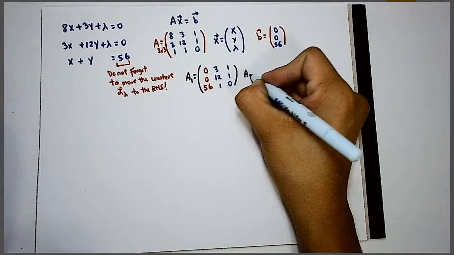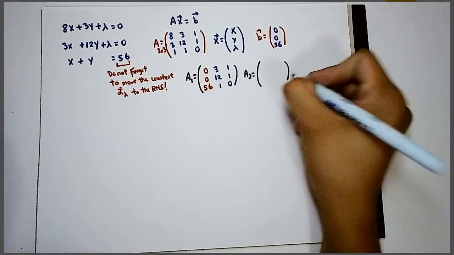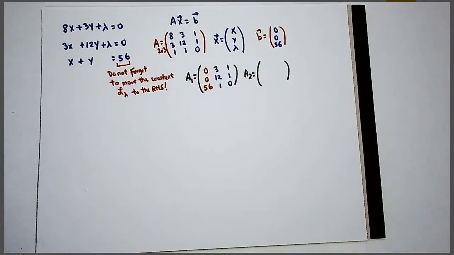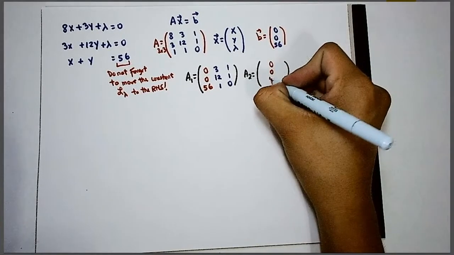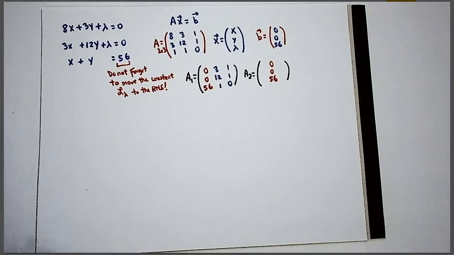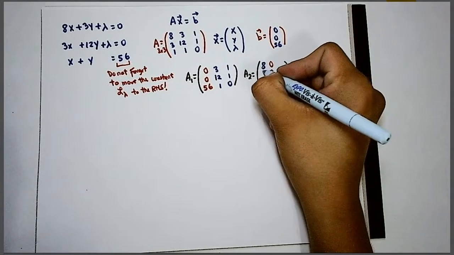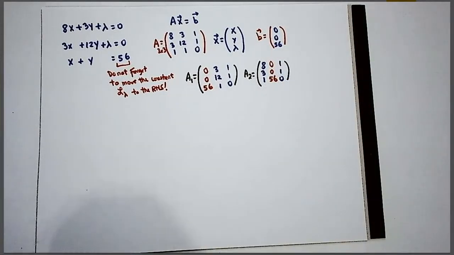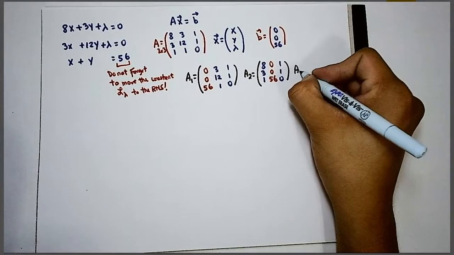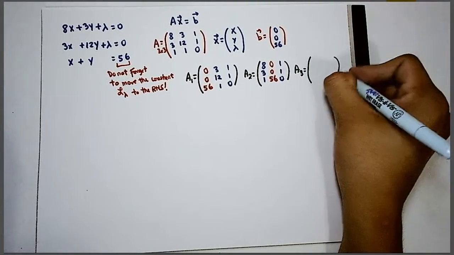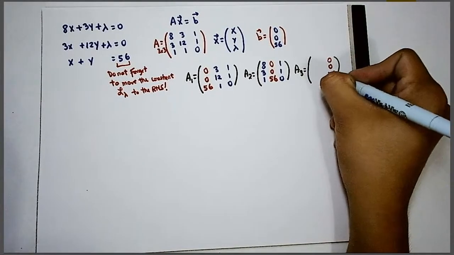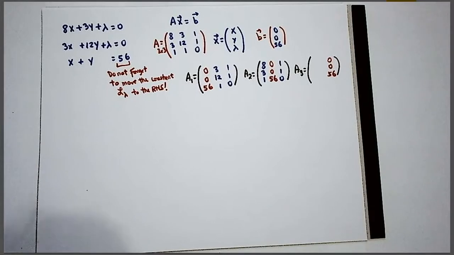In the case of A sub 2, it is the same as the A matrix, except that the second column is replaced by the B vector. And finally, for the case of A sub 3, it is the last column that is replaced.